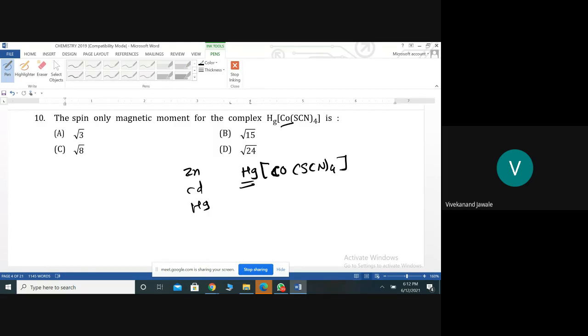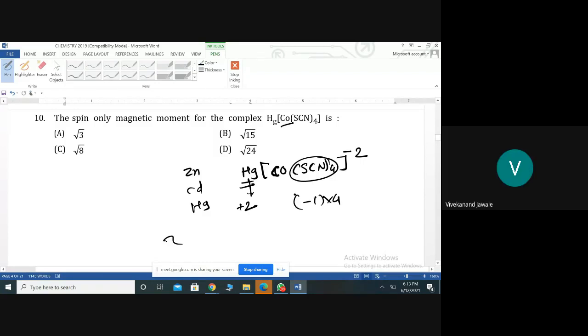So here your Hg is present in plus 2, so on the complex what will be the charge? -2. Each thiocyanide has -1. Is it right? Yes, sir.